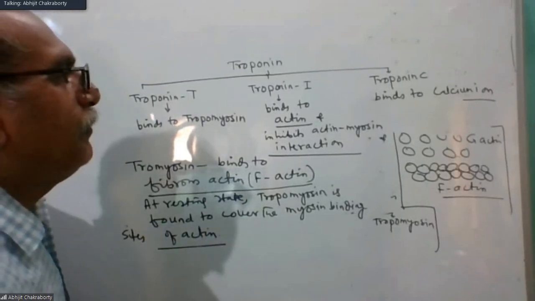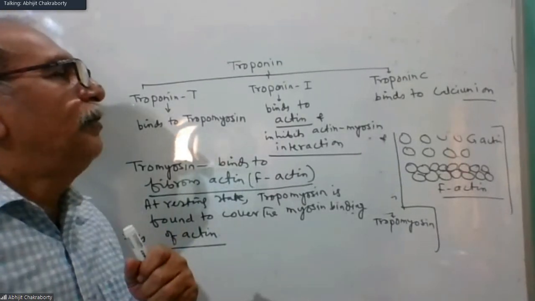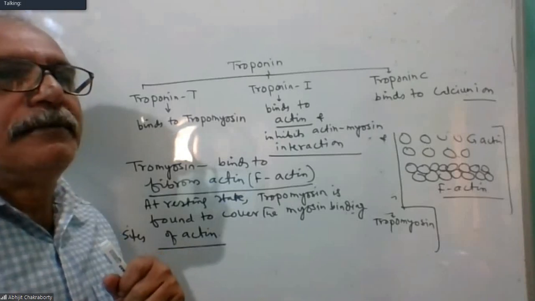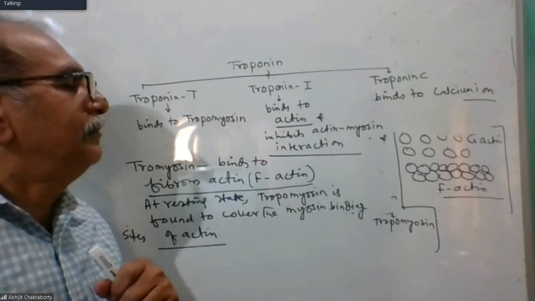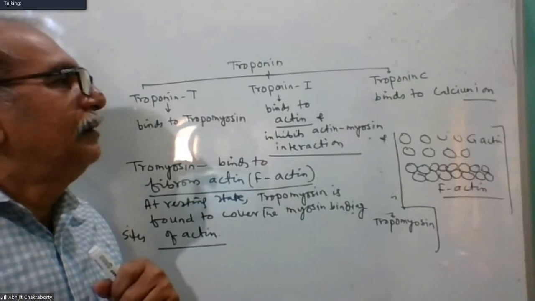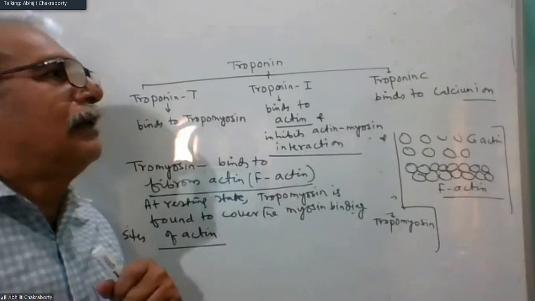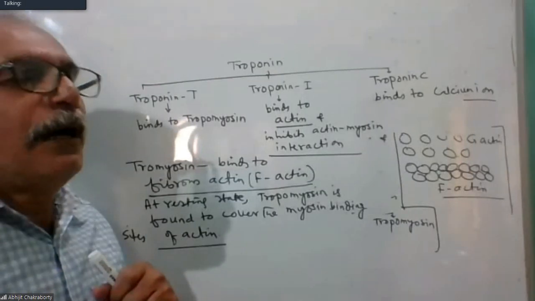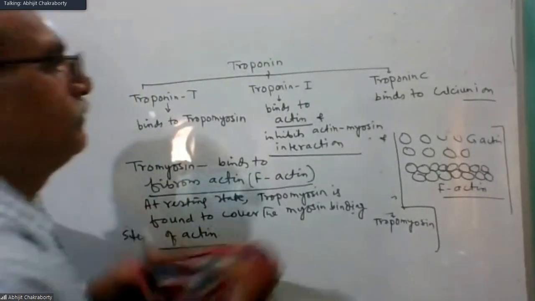The troponin protein is found active or functional, and tropomyosin is found to cover the active sites of actin, that is the myosin binding sites of actin, so that the myosin head cannot bind to actin. I am showing you one simplified diagram here.